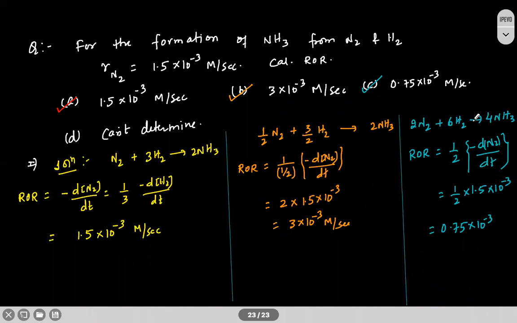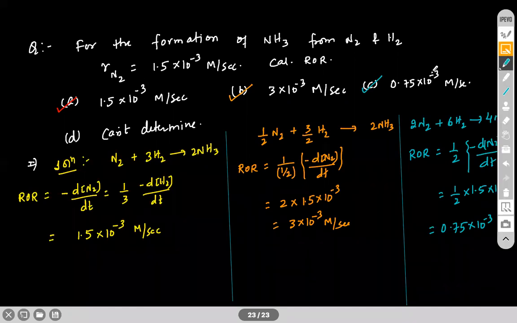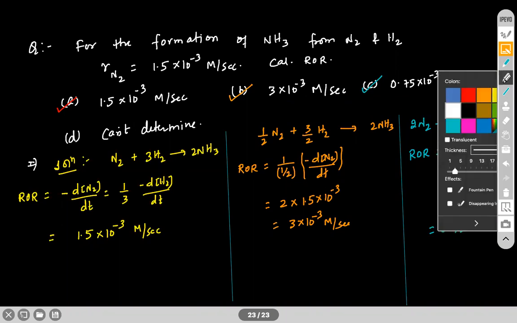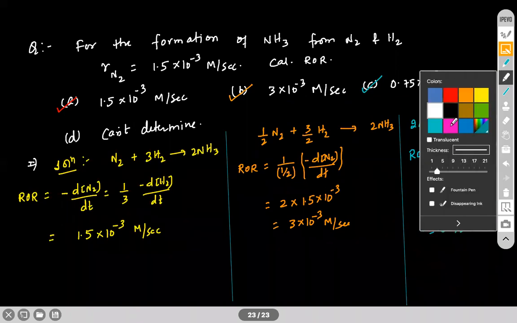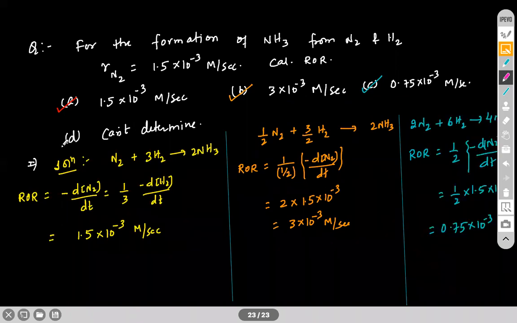Even if you multiply by 4 into N2, you'll get some other reaction, and the rate will be different. Now the answer for this question is, see, you can take any of these three reactions, even infinite number of reactions like this. And that is why the answer for the question is this one, cannot be determined. This is also wrong, this is also wrong, this is also wrong.